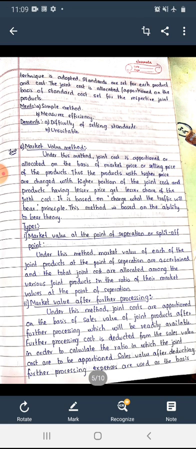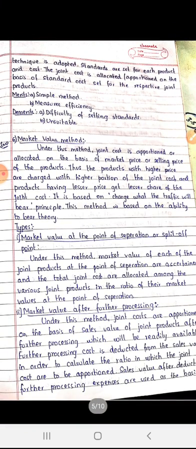Next, the second one, market value after further processing. In the first method we take the market value at the separation point, and on that basis we divide the joint cost. But the second one is the market value after further processing. After the further processing we get the end market value, right? That market value we will consider under this method.